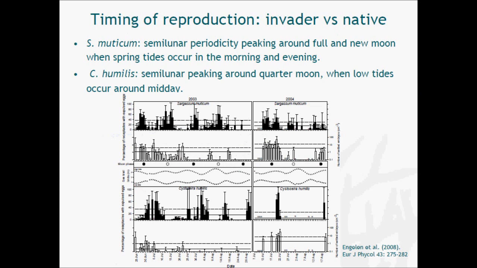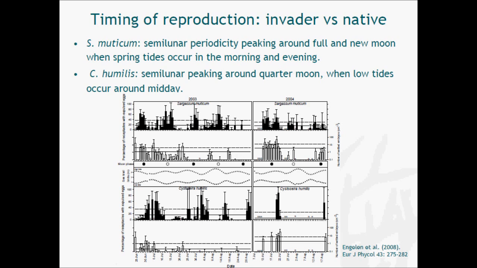Okay, so some things that we looked at is the timing of the reproduction. When do they reproduce? And we compared with the local species, Schistozeira humilis. This is Sargassum, this is Schistozeira, and you can see these are the moons. So Sargassum muticum has a semi-lunar periodicity and peaks around full and new moon in spring tides, right?